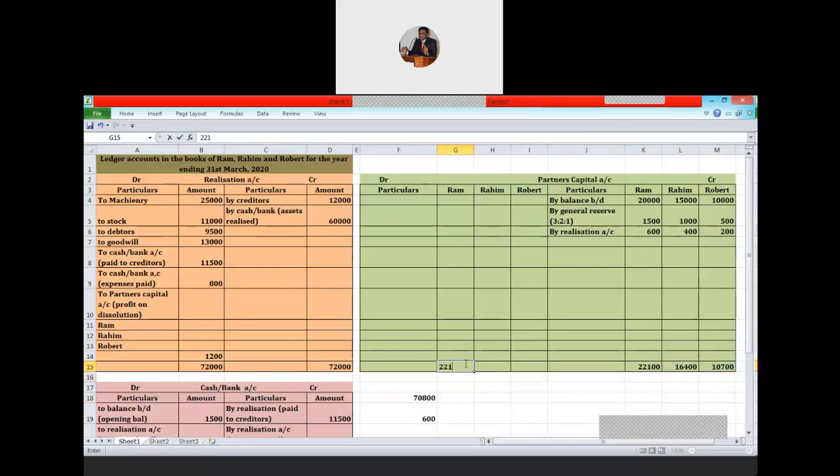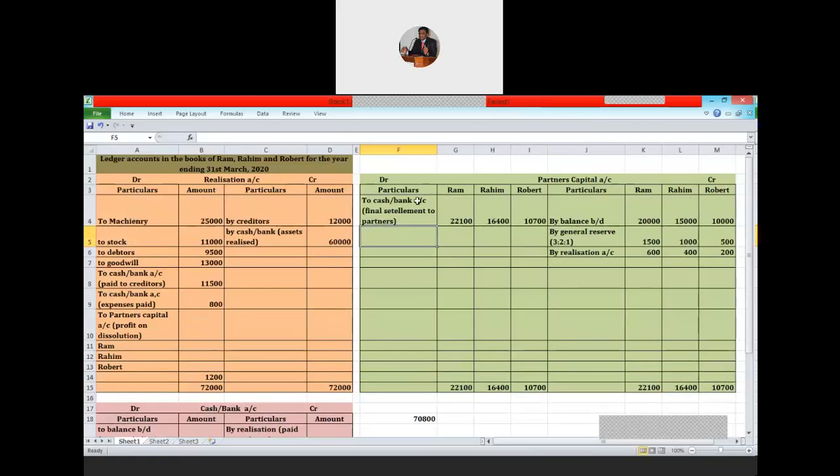Take the same balance on the debit side. So this is the final amount which is supposed to be settled to Ram, Rahim and Robert. The entry is partners capital account debit to cash or bank account on account of final settlement to partners.